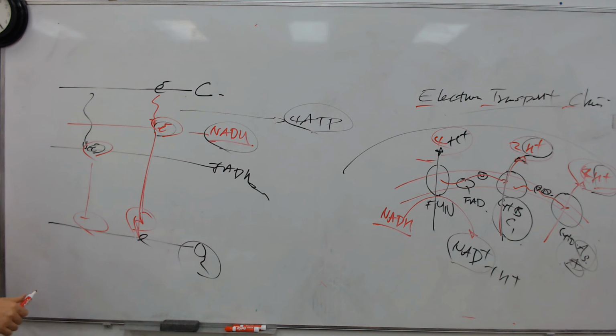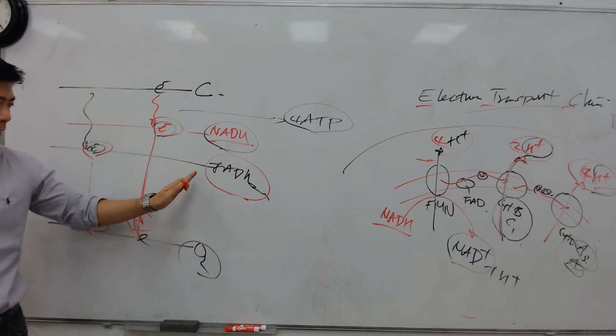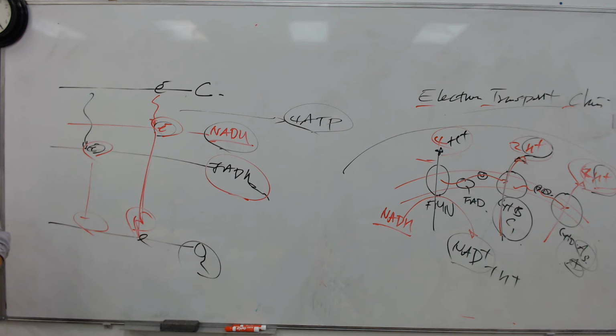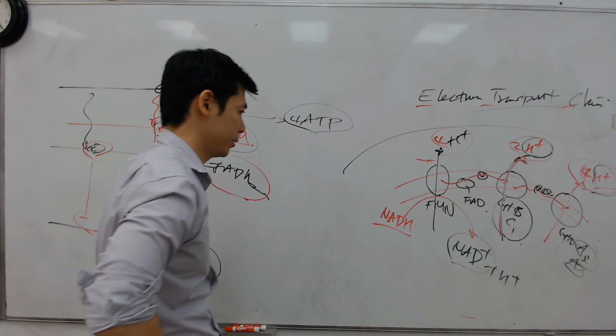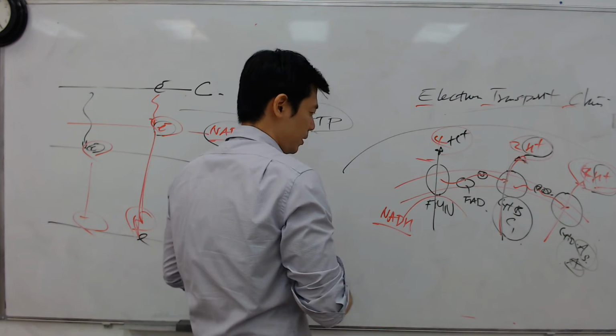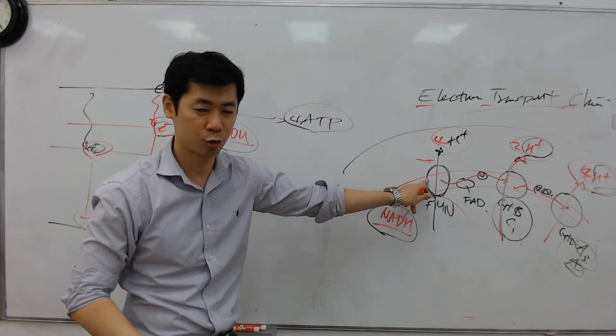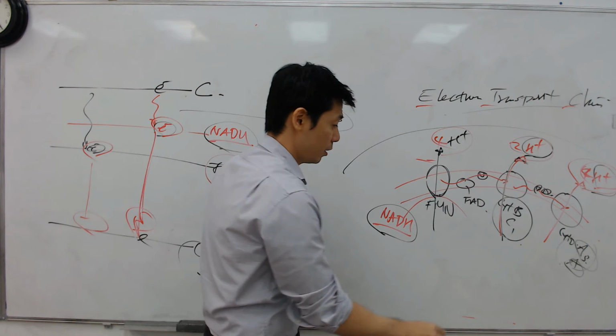So keep in mind the FADH2 is a little bit lower end. If you look at this entire process, NADH goes into the beginning of the electron transfer chain.